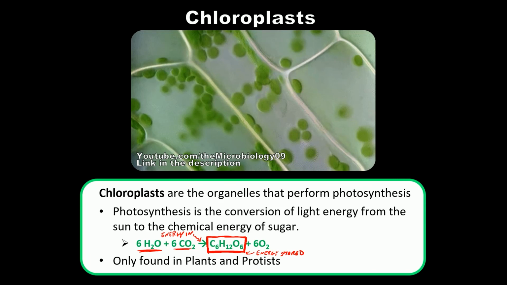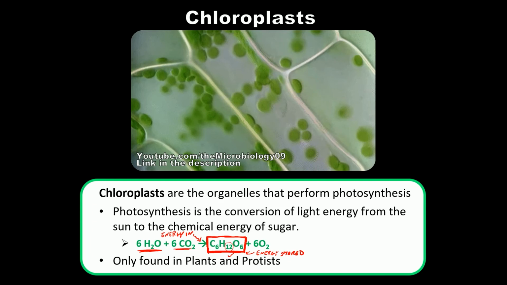But there's a problem with that. If you have 6 carbons on the left-hand side and 6 carbons on the right-hand side, that works out just fine. And we have 6 times 2, 12 hydrogens on the left-hand side and 12 hydrogens on the right-hand side. That works out okay.